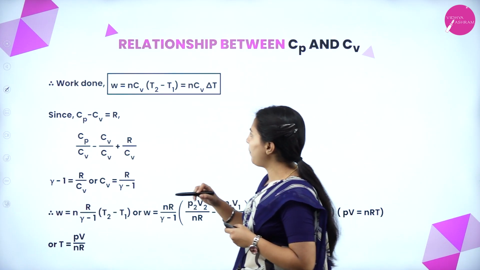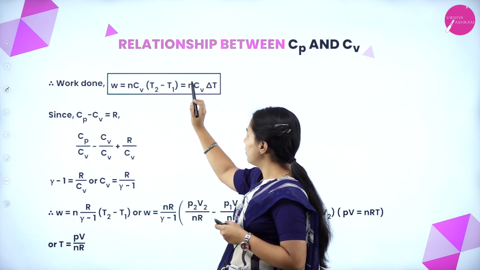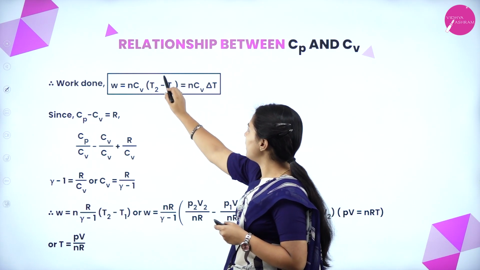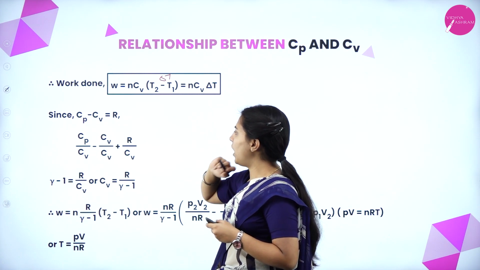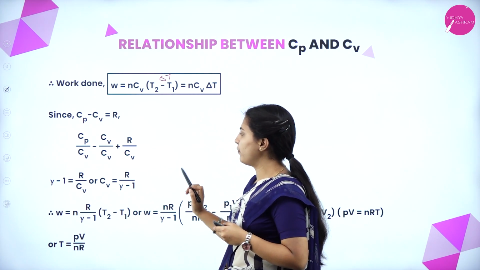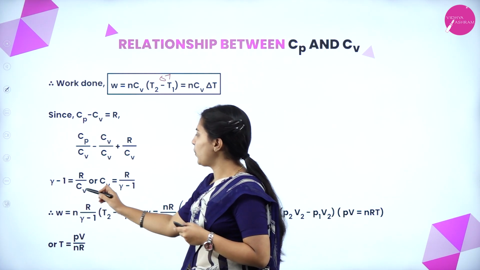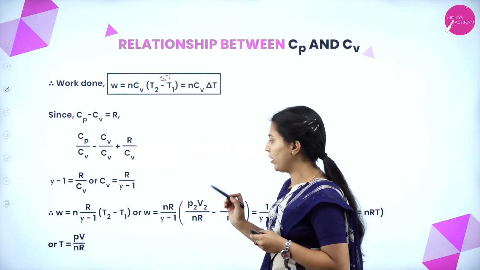So work done, W equal to nCv (T2 minus T1) equal to nCvΔT, this is the change. And Cp minus Cv equal to R, so Cp by Cv minus Cv by Cv equals R by Cv, gamma minus 1 equals R by Cv, or Cv equal to R by gamma minus 1.